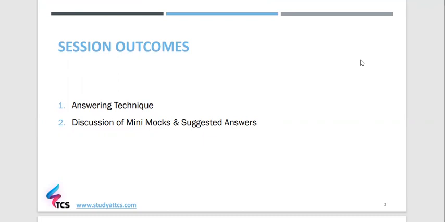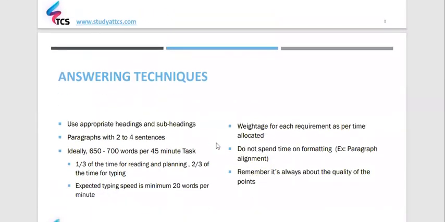In the second part, I will be taking you through a mini mock prepared by TCS, and based on this mini mock, I'll be highlighting the suggested answers. Before I take you through the suggested answers, I would highlight how to come up with something called an answer plan or an answer structure. So these are the session outcomes for tonight.